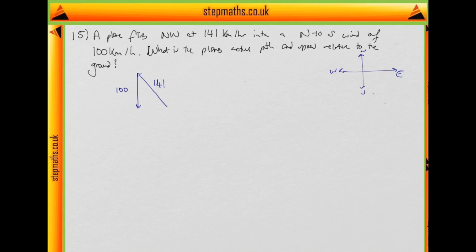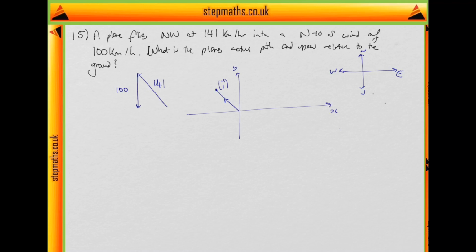Now let's think about this. Let's imagine we drew this on a graph, so we have some axes, x and y. We know that our plane is this vector here, going exactly in the northwest direction. So for every 1 it moves here, it's going to move 1 here. So we can label that with a vector which goes -1 in the x and 1 in the y.